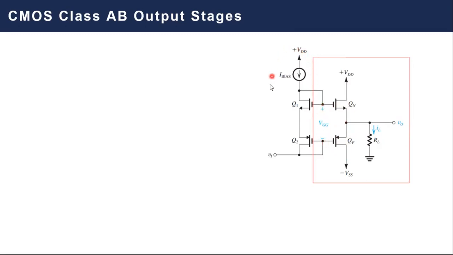Now, the portion to the left is responsible to control the gate-to-gate voltage. As you can see, we have a current source driving two transistors. What is interesting, what is unique in these two transistors is that your gate and your drain are connected or short circuited.